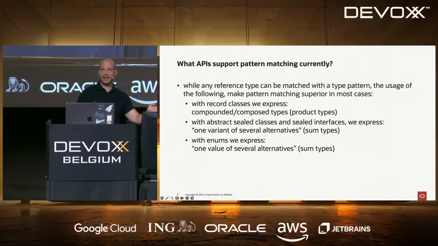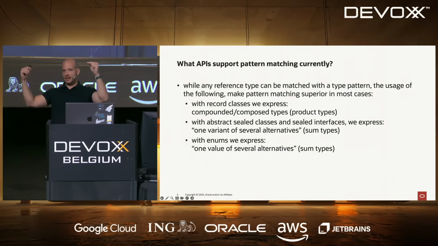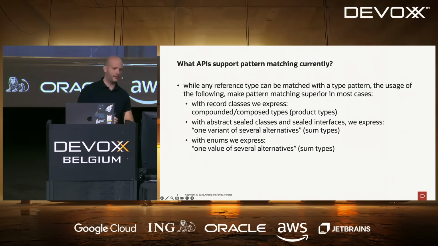So with record classes, because record classes have a counterpart in pattern matching with record patterns, you get compound and composed types, product types, as they are called, because it's like you pass one type as first argument, another type as another argument.